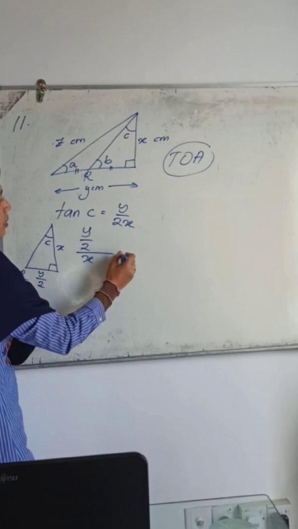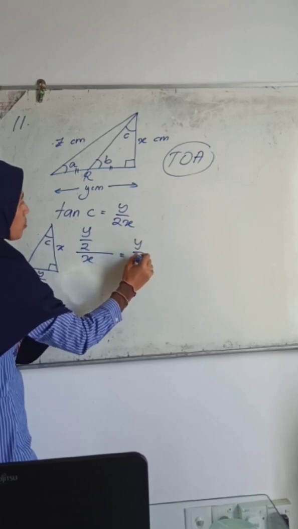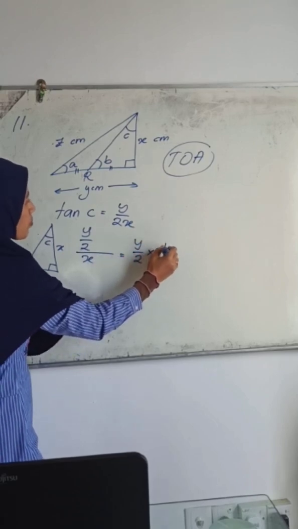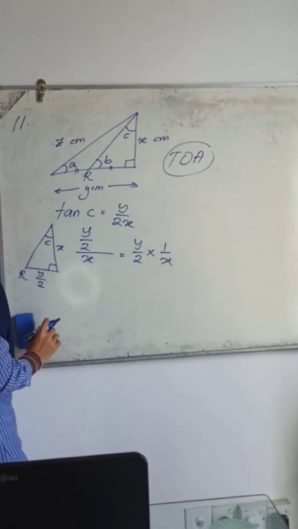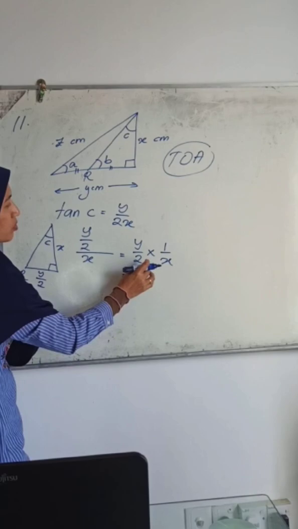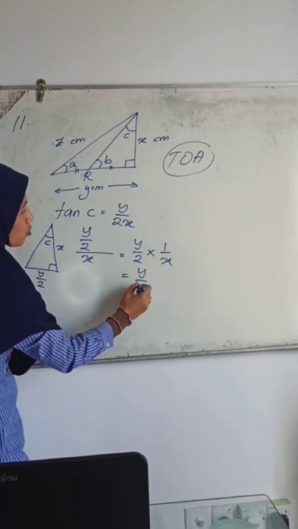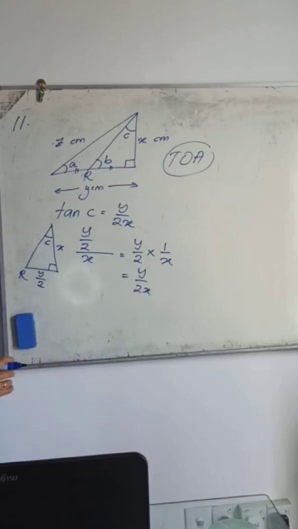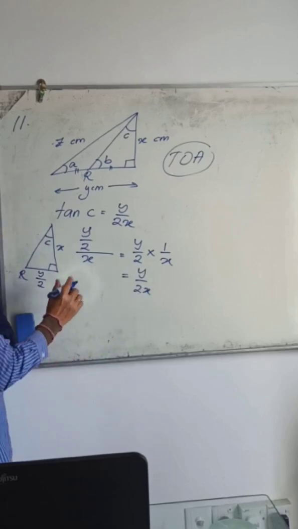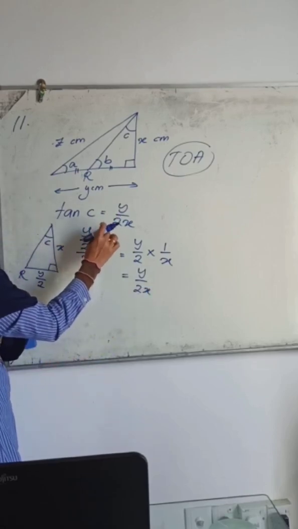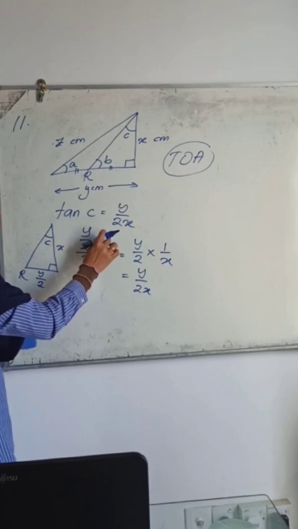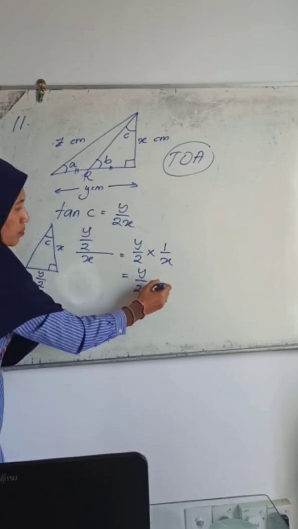So we get y per 2 times 1 per x, which is equal to y per 2x. Compare with the statement given. So the statement is true.